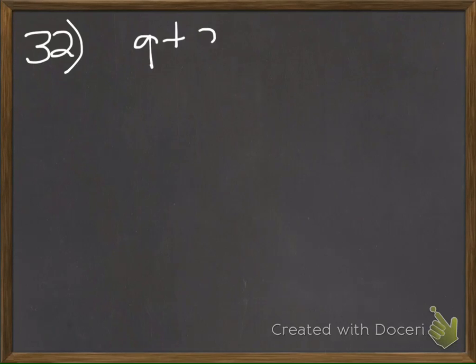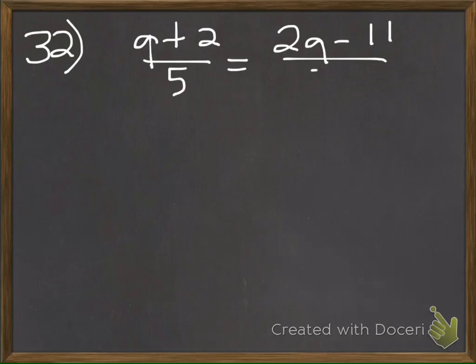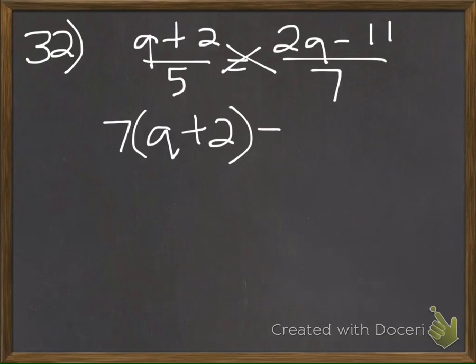q plus 2 over 5 equals 2q minus 11 over 7. Okay? So same thing, you're cross multiplying. So the 7 will be multiplied by the q plus 2, and the 5 will be multiplied by 2q minus 11. So let's start with the 7 and the q plus 2, which is written that way.